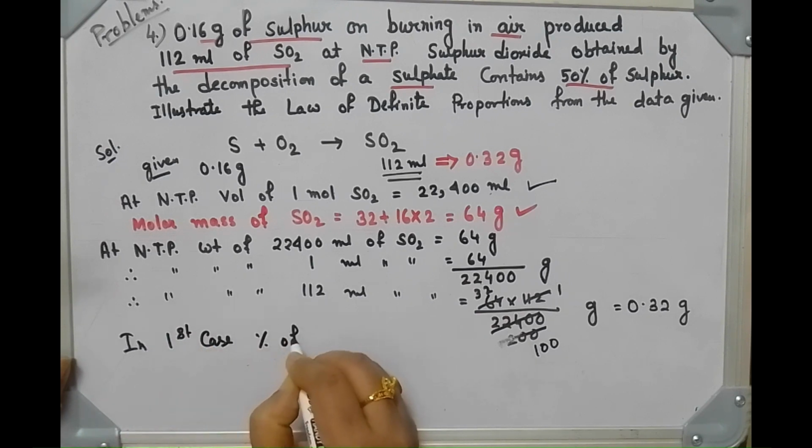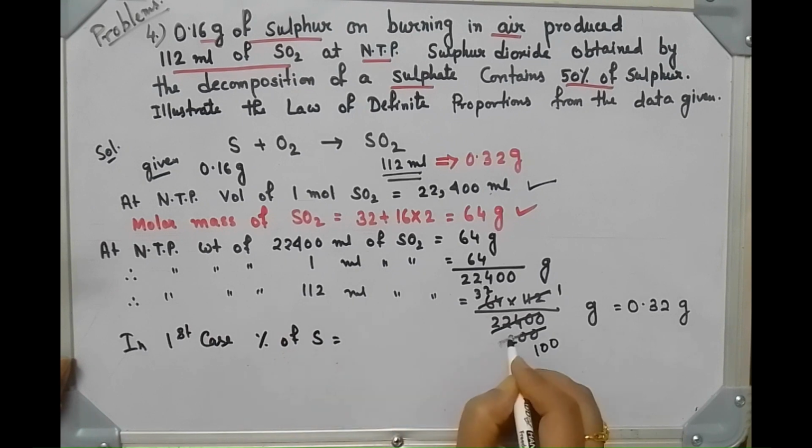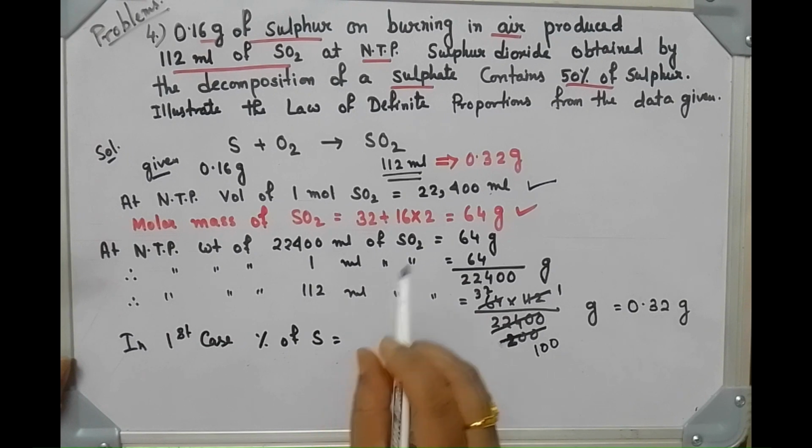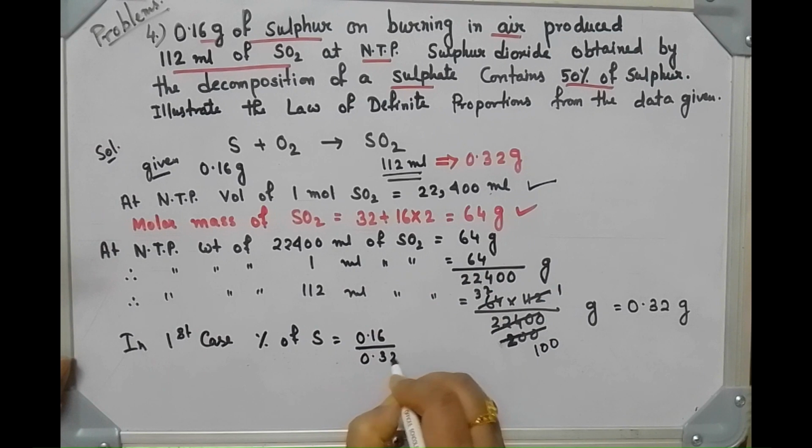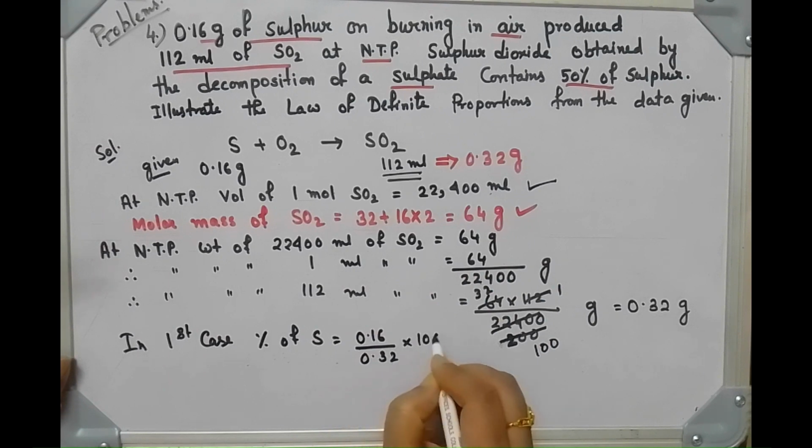Percentage of sulfur is equal to amount of sulfur by total amount of sulfur dioxide into 100.